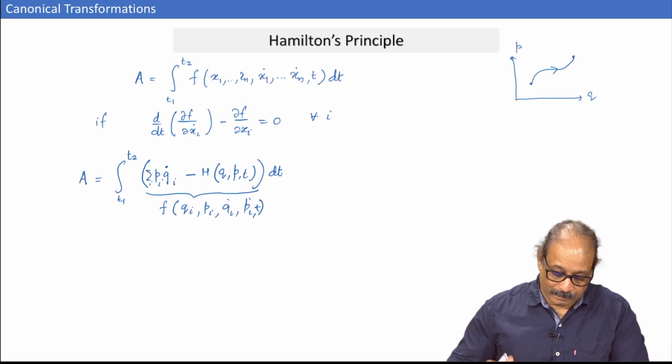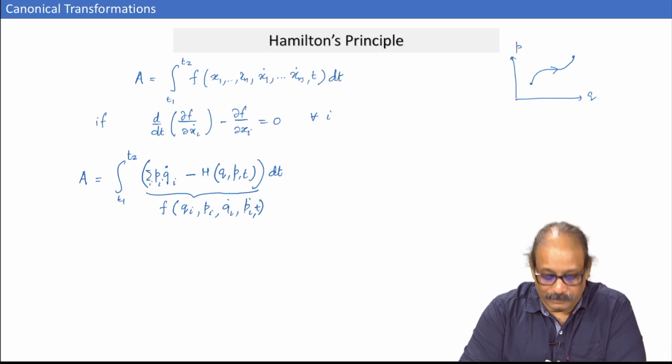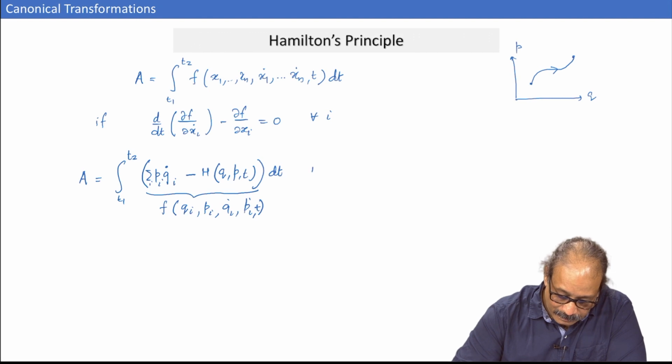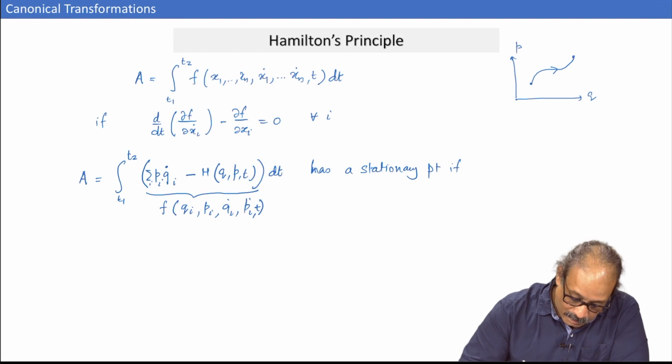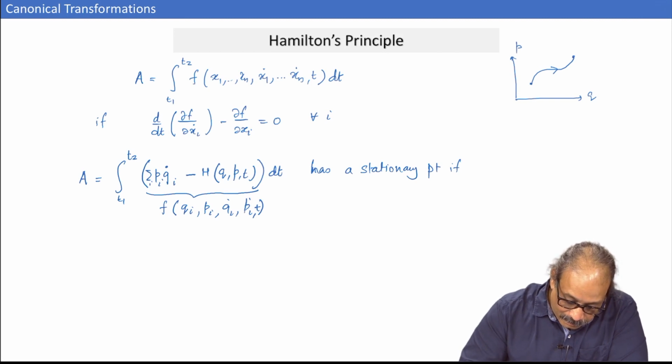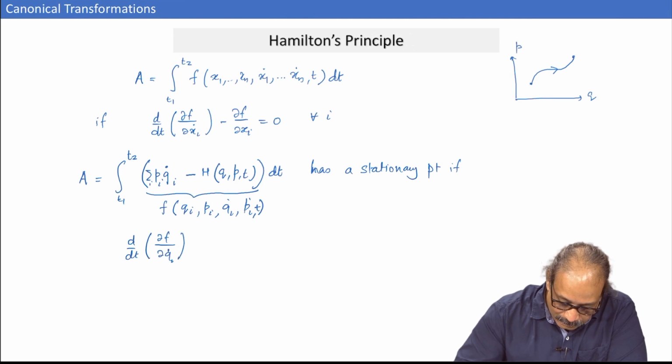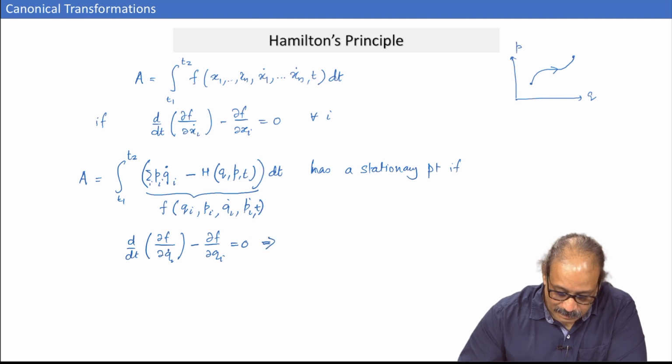Now, let us apply the Euler-Lagrange equation to this. So, this will be minimized or has a stationary point if d by dt of del f over del q_i dot minus del f over del q_i is equal to 0. And what does this give us?